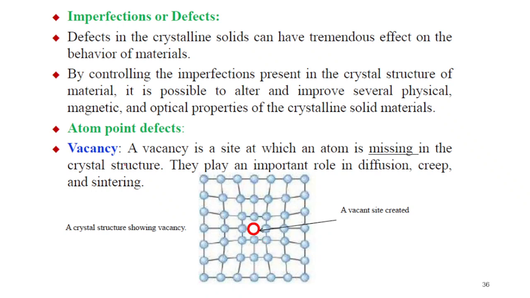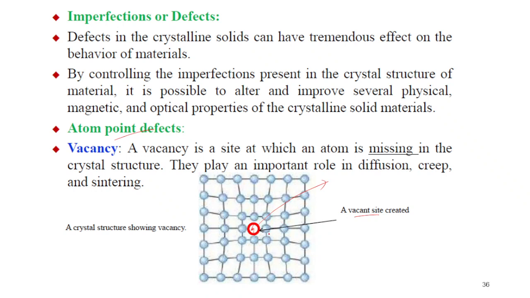First, if we take point defects, that is the first type of defect, we'll have a vacancy. Some atom, due to some process, will leave the crystal lattice. When it leaves, a vacancy is created.